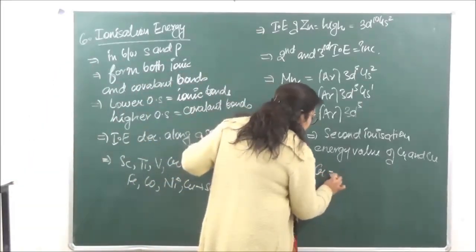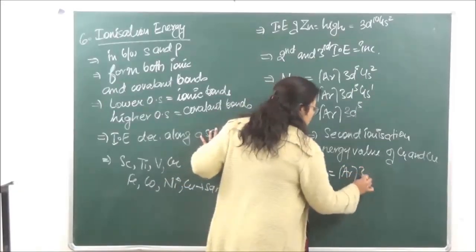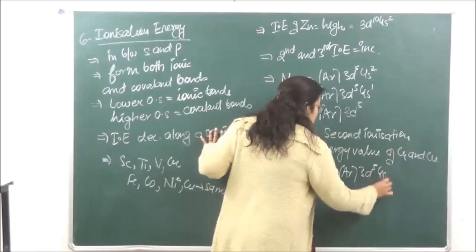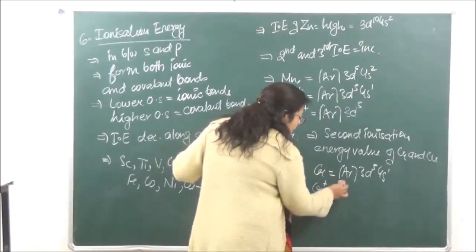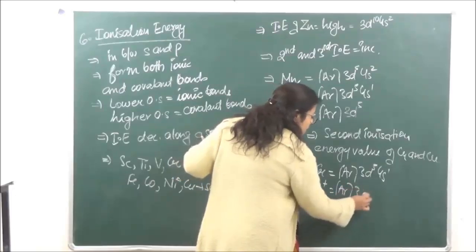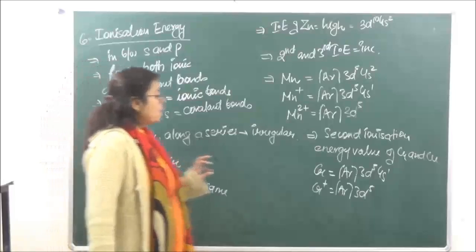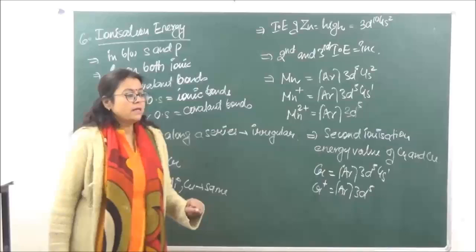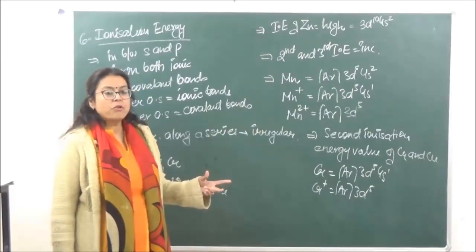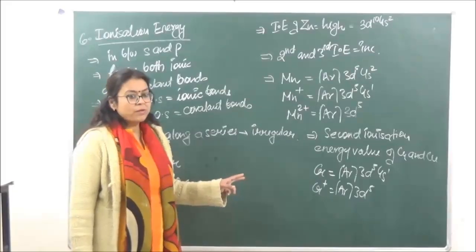The electronic configuration of chromium is argon 3d5 4s1. Okay, then when we form Cr positive, it becomes argon 3d5. Right? So now in this case, what is happening? The next electron has to be removed from a stable electronic configuration. Therefore, the second ionization energy is going to be very high.